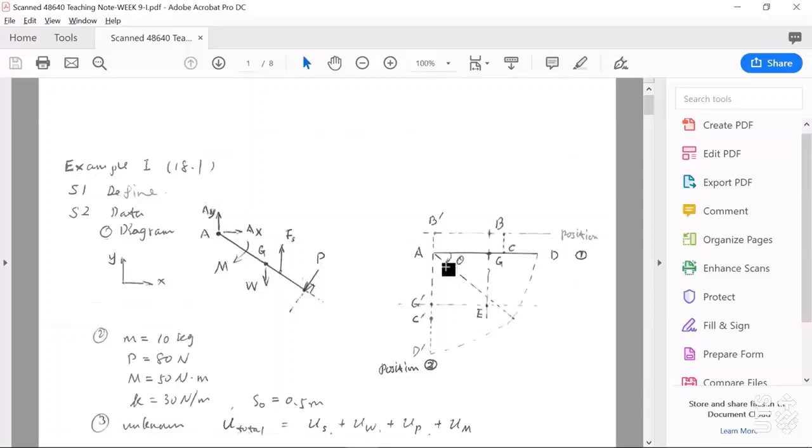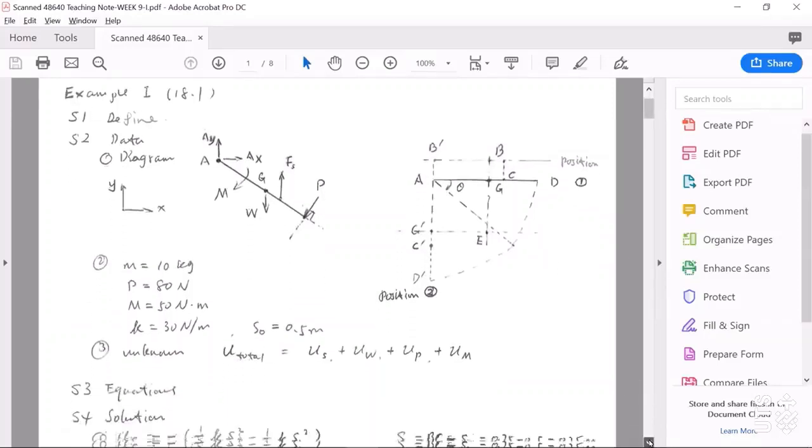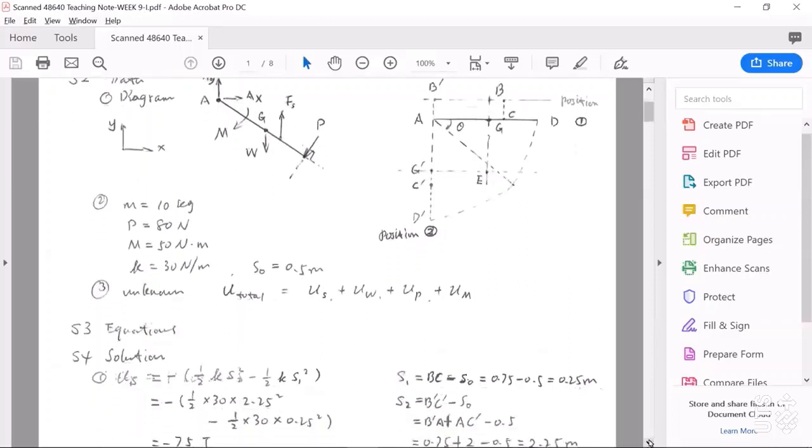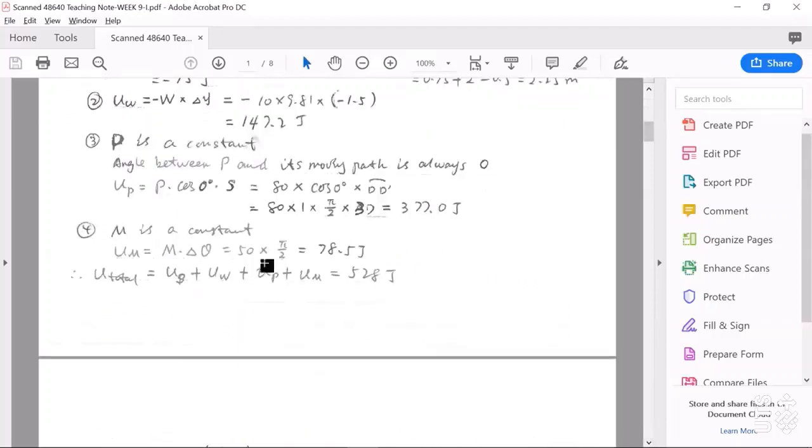Delta theta is half pi radians. So finally, this will give us 78.5 joule.